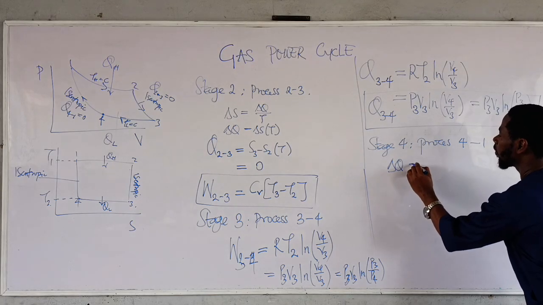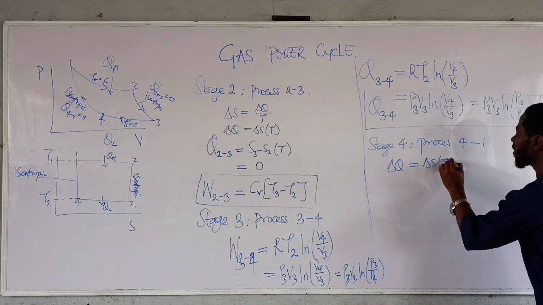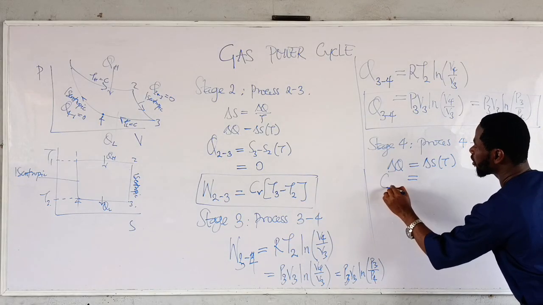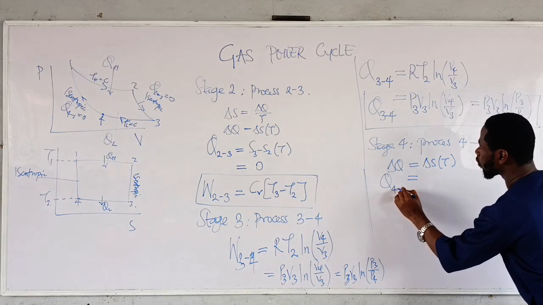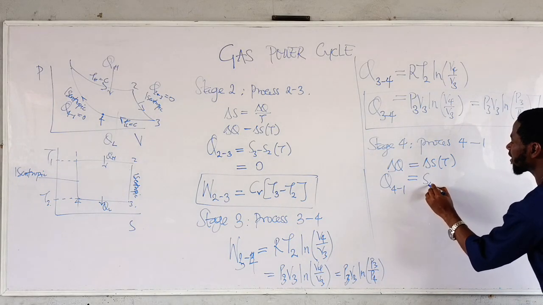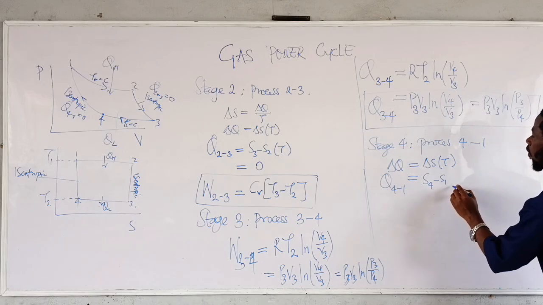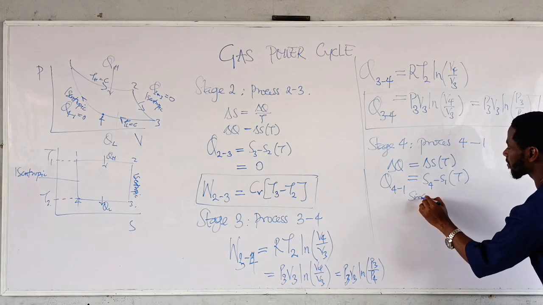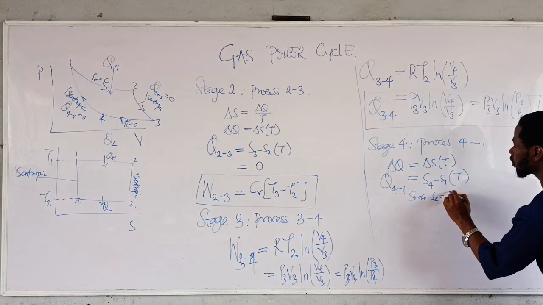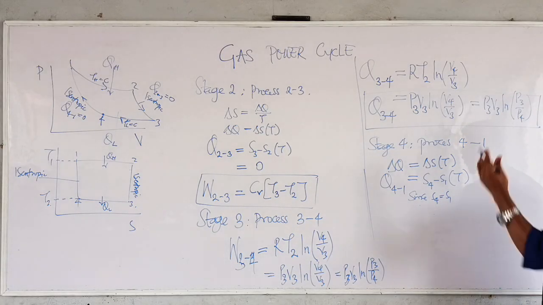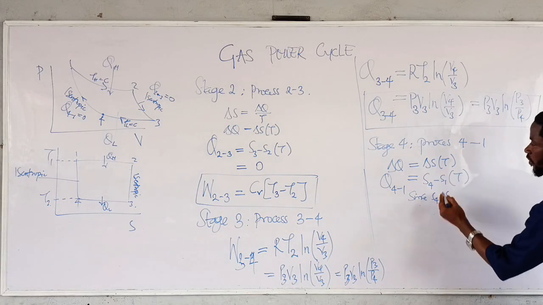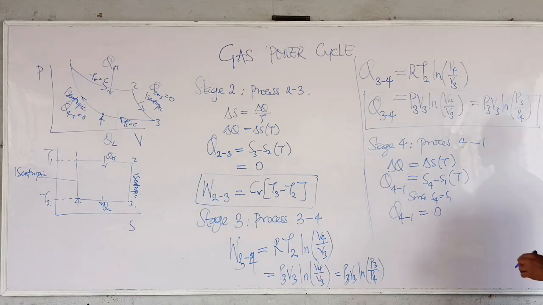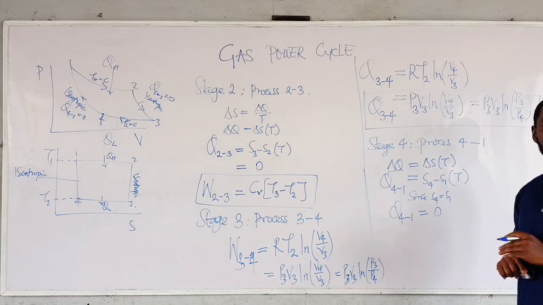Change in Q equals change in S multiplied by T, where Q is changing from 4 to 1. So we have S4 minus S1 into bracket T. Since S4 equals S1 in value, therefore Q4 to 1 becomes 0, according to what we have on the schematic on the board.